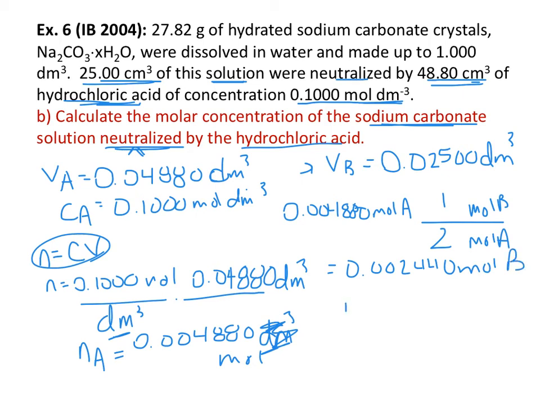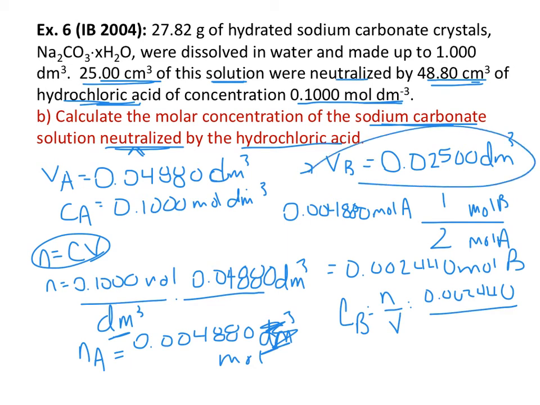Then finally I can find the concentration of the base, which will be the moles per volume using IB units. So the moles, we just had 0.002440, and then we're going to divide that by the volume of the base that they gave us in the question, 0.02500 decimeters cubed.